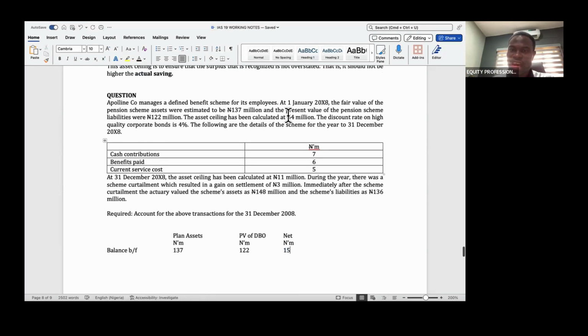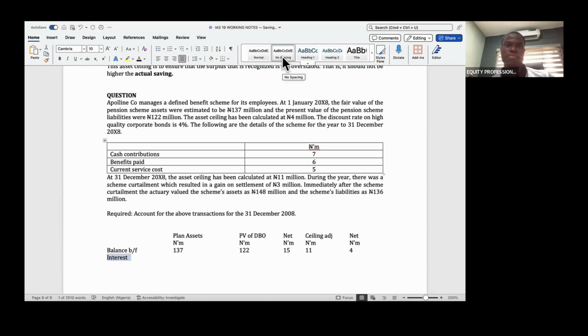But since the asset ceiling is 4, there'll be a ceiling adjustment of 11, such that what will go into our books must be 4. That's what we're going to recognize in our books. The reason I'm doing all of this is because I really need the net for this interest.